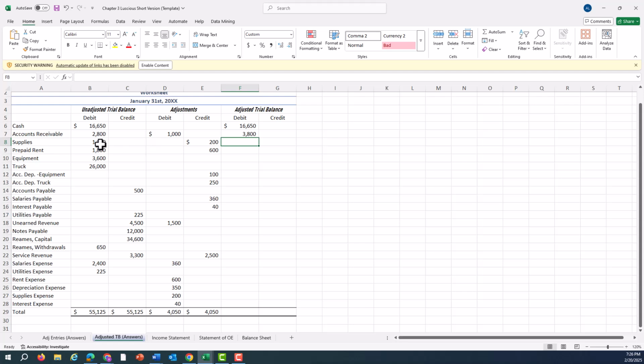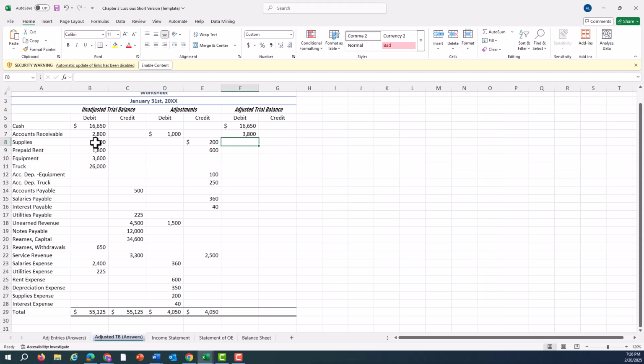For supplies, this account had a $1,000 debit balance, but we had a credit of $200 for this account in our adjustments. These are on opposite sides. We have a debit balance, but a credit in the adjustments. Well, this is still an asset account. It should balance on the debit side because that's the side they increase on, which means this credit is decreasing the value of that account because assets go down on the credit side.